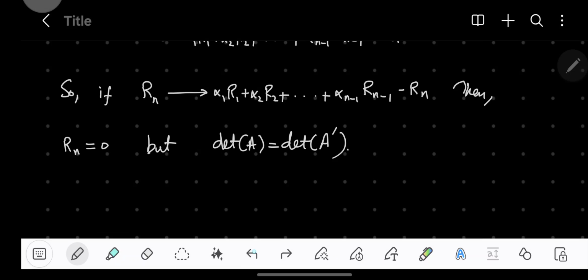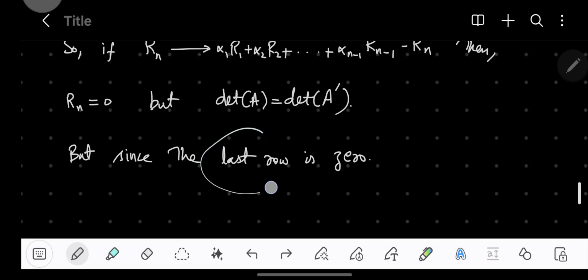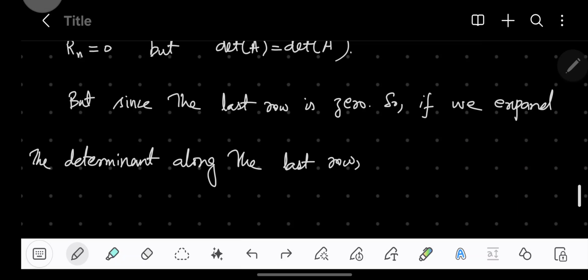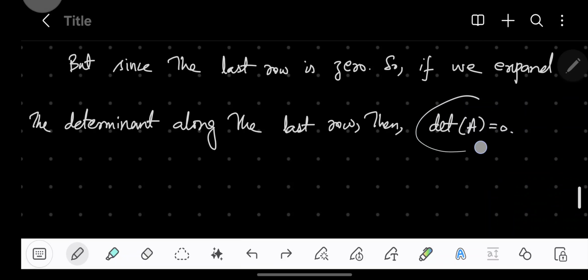But if we expand the determinant along the last row, since the last row is 0, everything will be 0. Hence, it is proved that whenever you have linearly dependent rows, the determinant is 0.